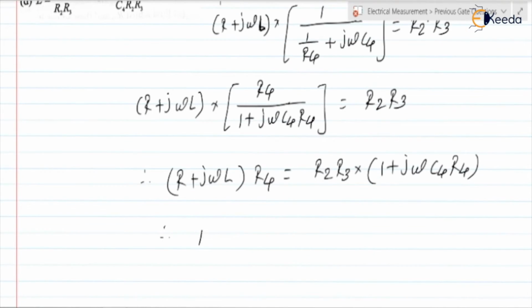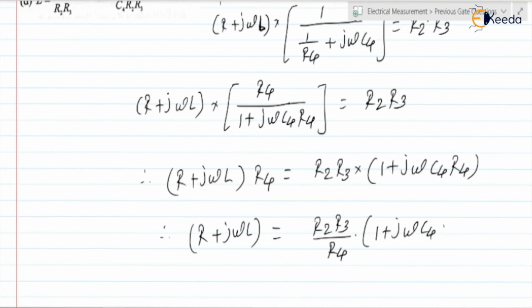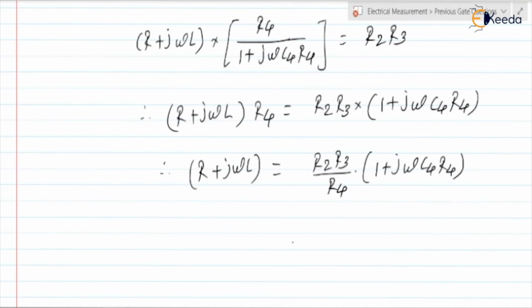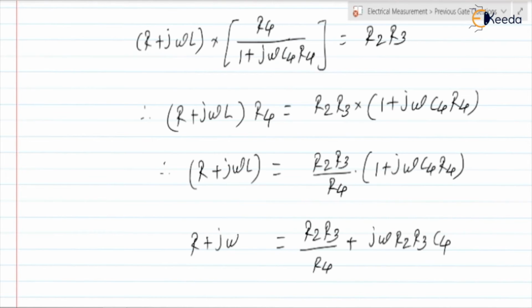So further we can write it as R plus J omega L is equal to R2 R3 upon R4 into 1 plus J omega C4 R4. So this can be written as R2 R3 upon R4 plus this term into this term, okay. So R4 R4 will get cancelled. So it is J omega R2 R3 C4, right? So this is R plus J omega L.